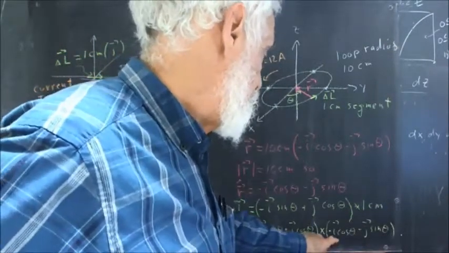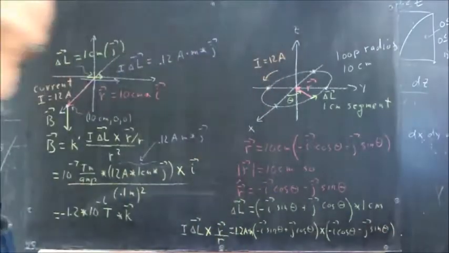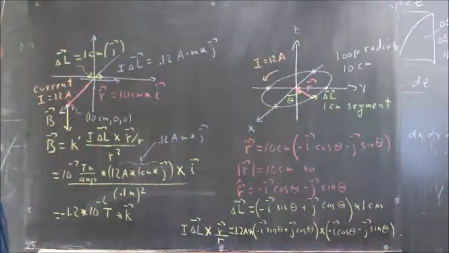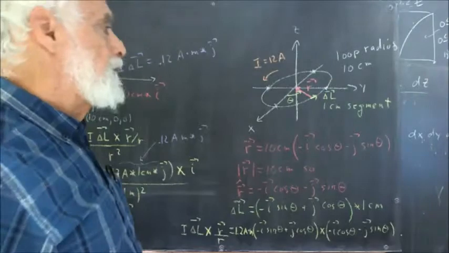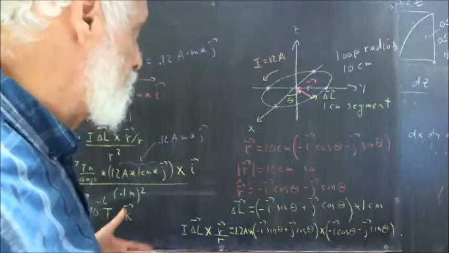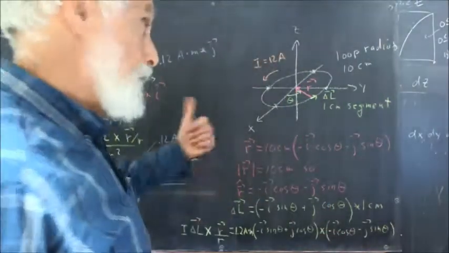That's going to be negative i cosine theta minus j sine theta. Now, when you get done with that, you are going to find that this cross product has the direction of delta L cross R, which is going to be vertically upward. So this cross product had better come out with a plus k.